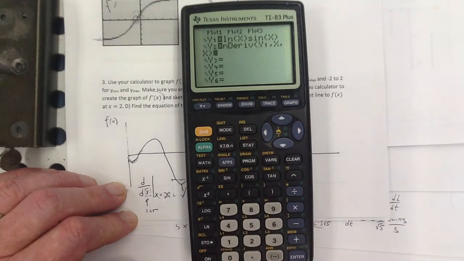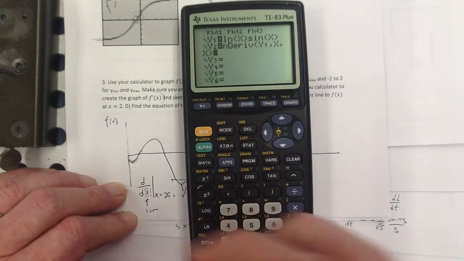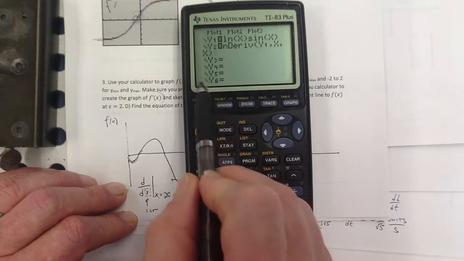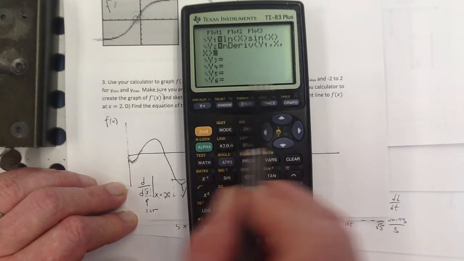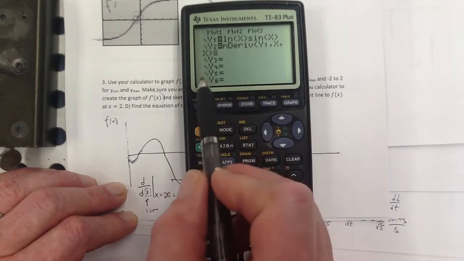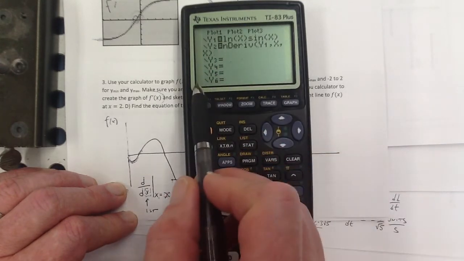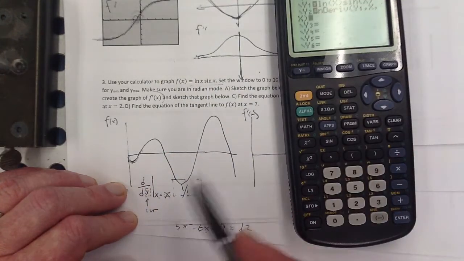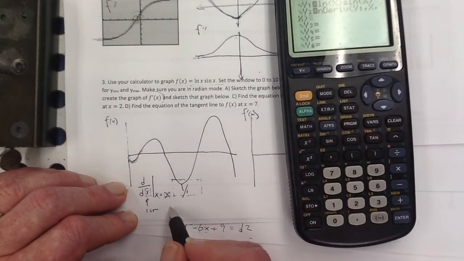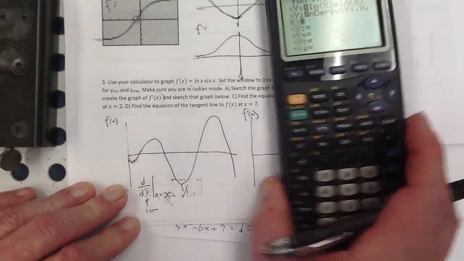When your calculator graphs something, it's scrolling across the screen and plugging in all of those different x values. So it's letting x range from, in this case, 0 to 10 in very small increments to match up with the pixels. As it scrolls through and makes that graph, I want it to set x equal to each one of those x values and find the derivative at each one of those places.